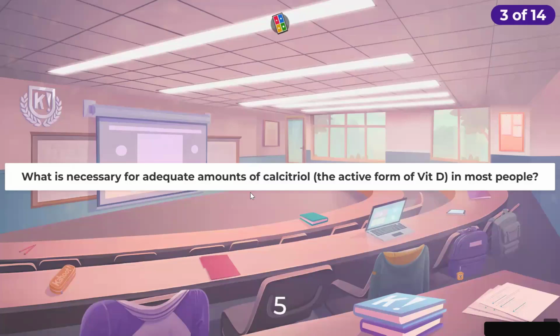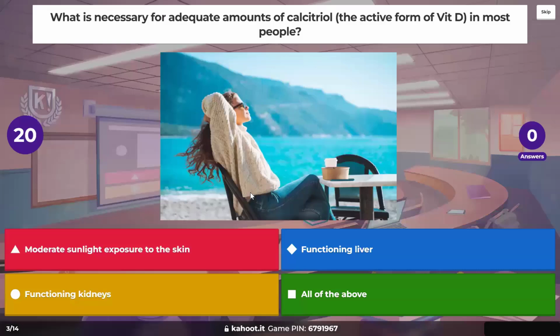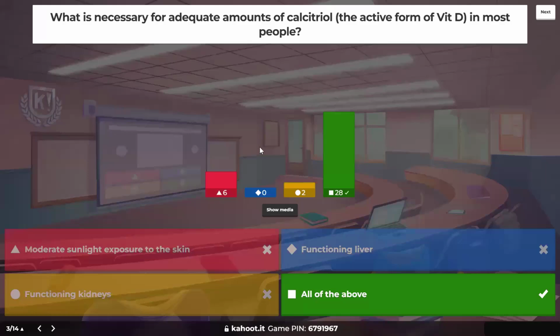All right, what is necessary for adequate amounts of the active form of vitamin D, calcitriol, in most people? All of the above.